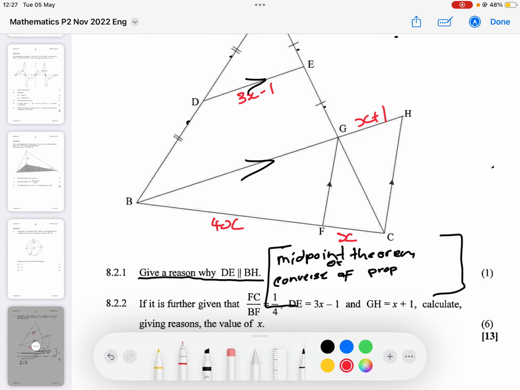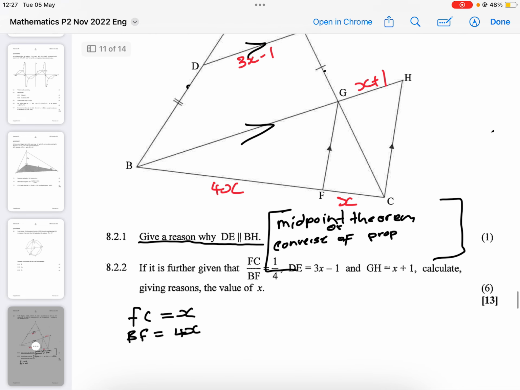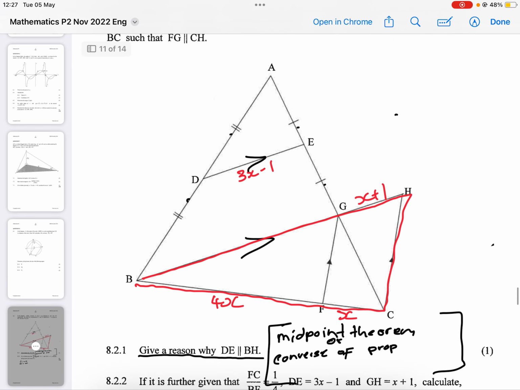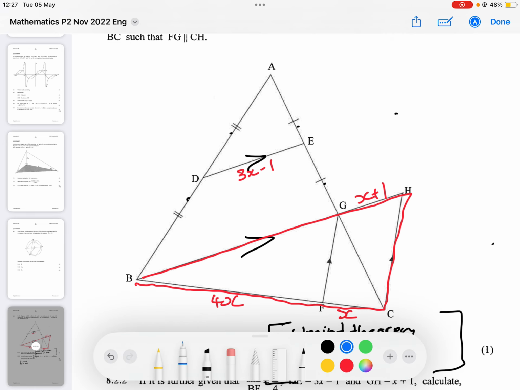Now from there, if you just check this, we are having proportionality on this triangle. And we said this triangle has the midpoint theorem, as we've indicated in the reason why DE is parallel. So the midpoint theorem says that BG is 2 times DE, meaning BG equals 2 times 3x minus 1.